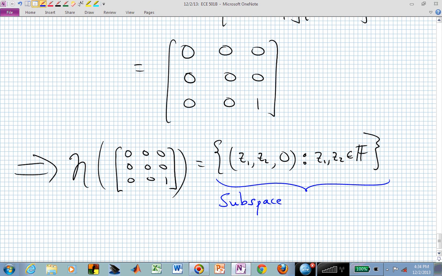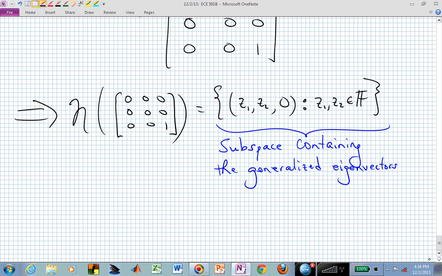So this is the subspace containing what we've now called these generalized eigenvectors, and that particular subspace, or this matrix that we found the null space of, was associated with lambda equal to 0.